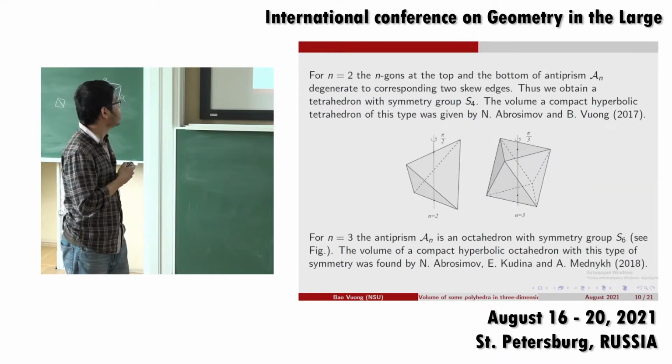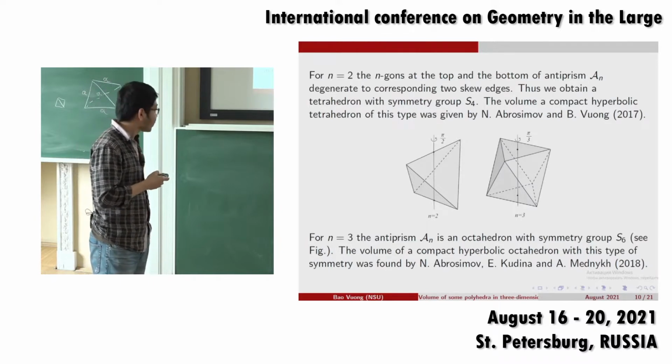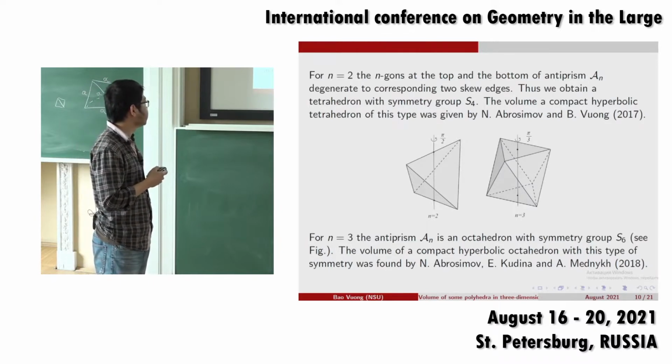For n equal to 2, the n-gon at the bottom and the top is reduced to an edge. For n equal to 3, it is an octahedron. These two cases were investigated by Abrosimov and me, and previously by Abrosimov, Kulinich, and Mednykh.